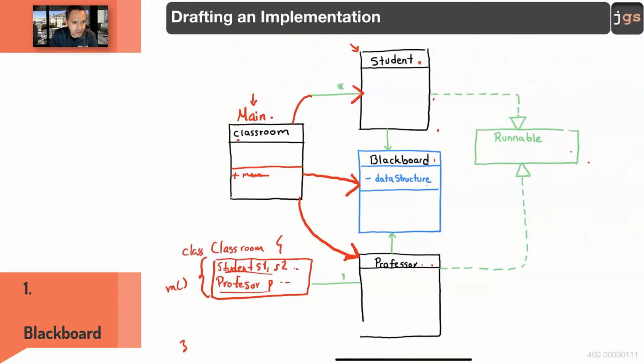If I show you a diagram, and the diagram is having this classroom, and classroom is pointing to a student, to Blackboard, and to professor, just like this. What I am telling you is that inside of the classroom, there is a method. And that method is creating local variables, student, Blackboard, and professor. And this asterisk here is telling you that there's going to be more than one student, probably an array or a list. And this one here is giving you extra information that there's going to be only one professor.